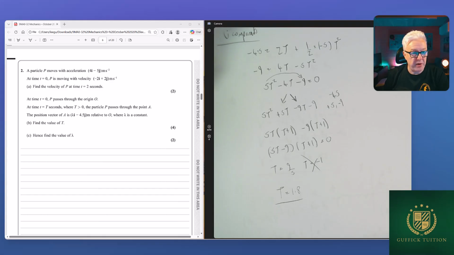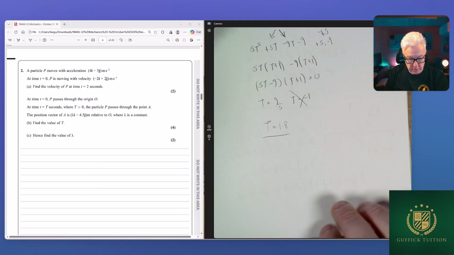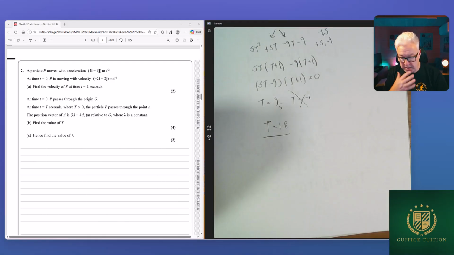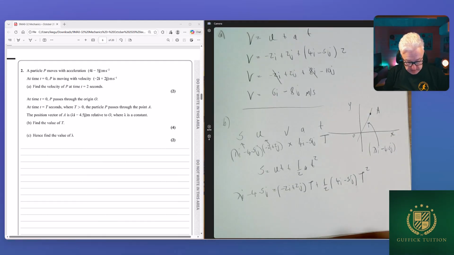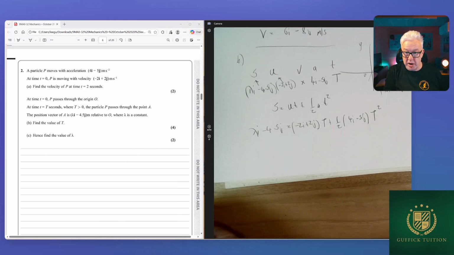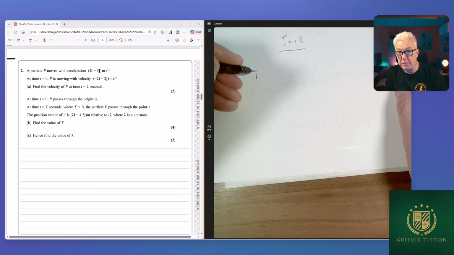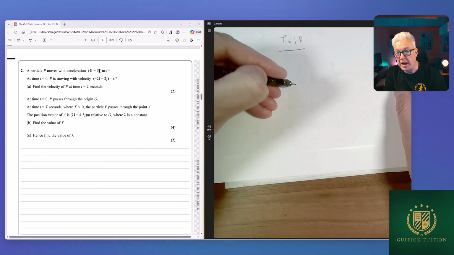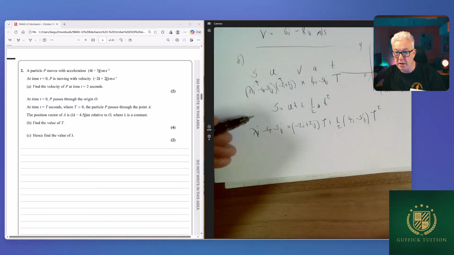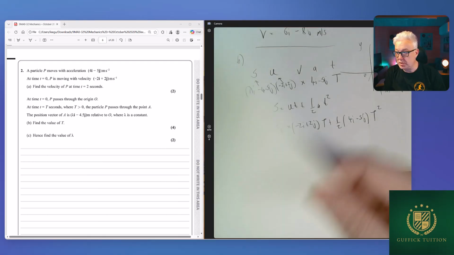Okay, so now we've got to find the value of lambda as well for 2 marks. So if we come back to our equation that we had a moment ago, okay, here it is. We could just write an equation for lambda. If we look at the I components now, we're going to have lambda, so there's our I component, lambda, and we're going to have minus 2t.